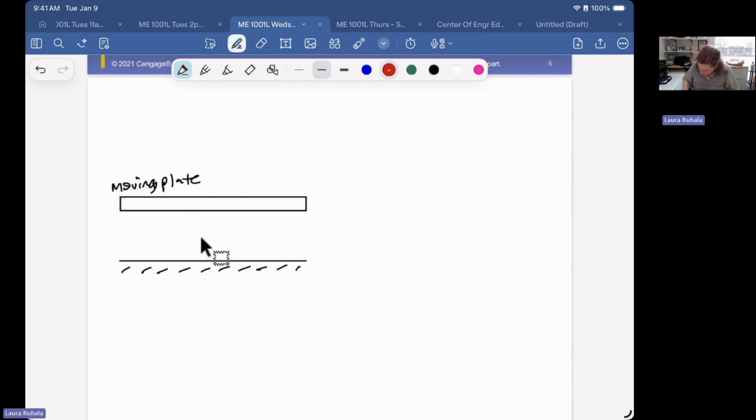And let's say that the plate has a force on it, like that. And let's say that between the moving plate and the surface, you have a bunch of oil. So the oil is a liquid. I am just going to show it with a bunch of dots here. Okay, so this is oil.